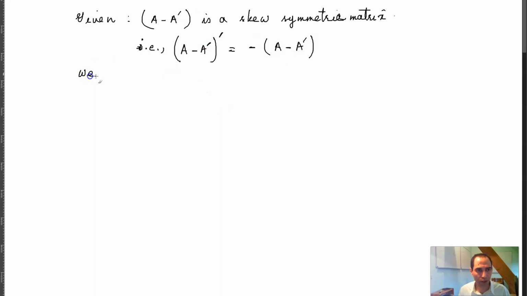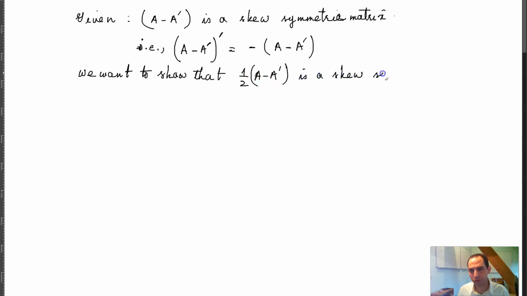And we want to show that 1/2 of A minus A prime is a skew symmetric matrix, right?